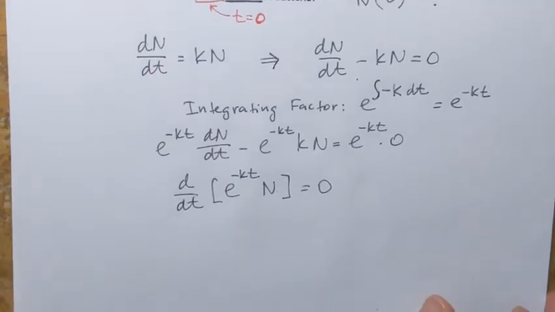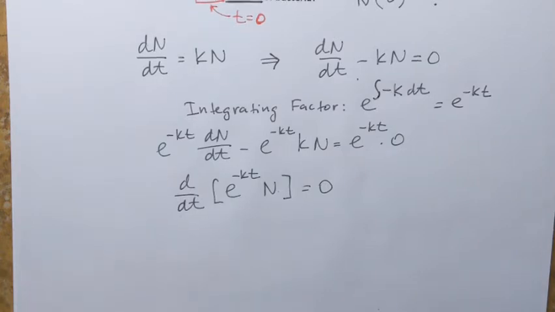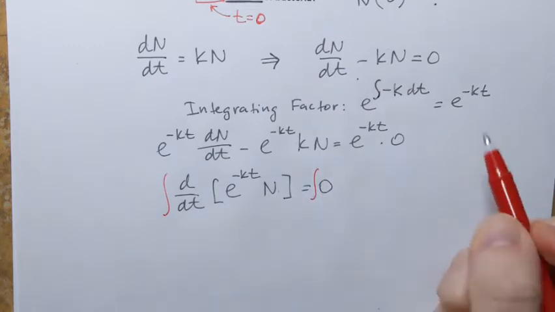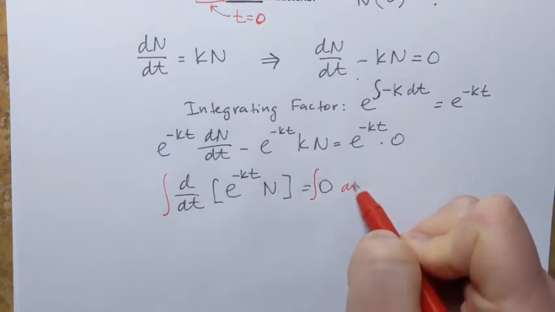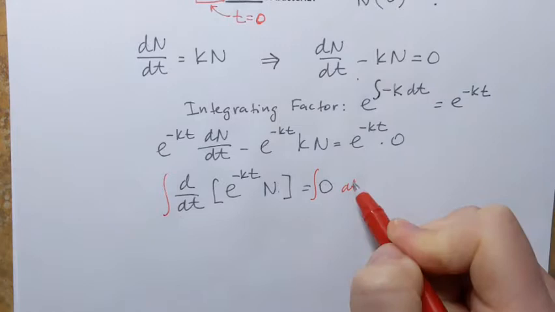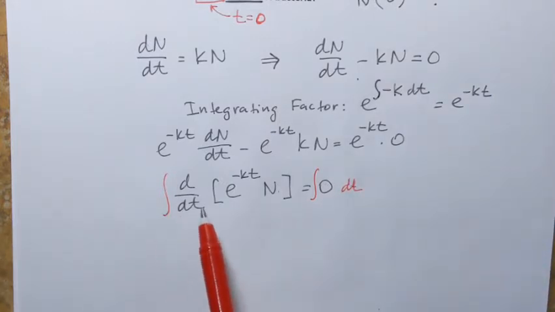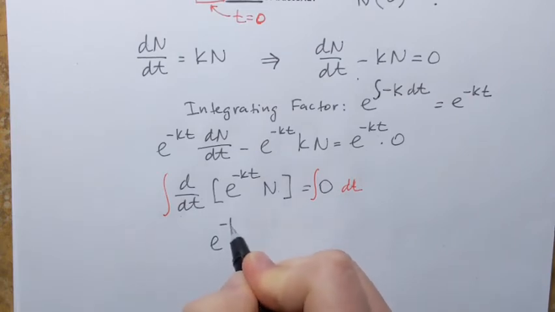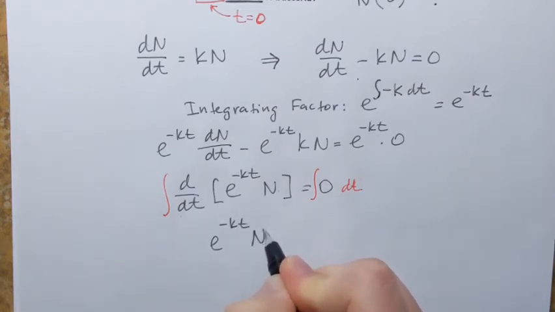And to solve this, we just have to integrate both sides. So we're going to apply integral to the left-hand side and to the right-hand side, dt. Okay, the left-hand side, it's integral of the derivative. They cancel each other out, so we're just left with e to the power negative kt times n.